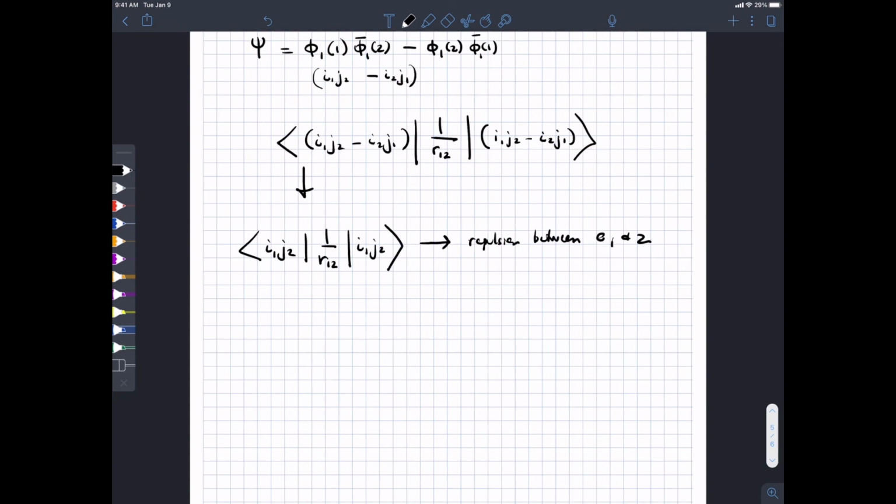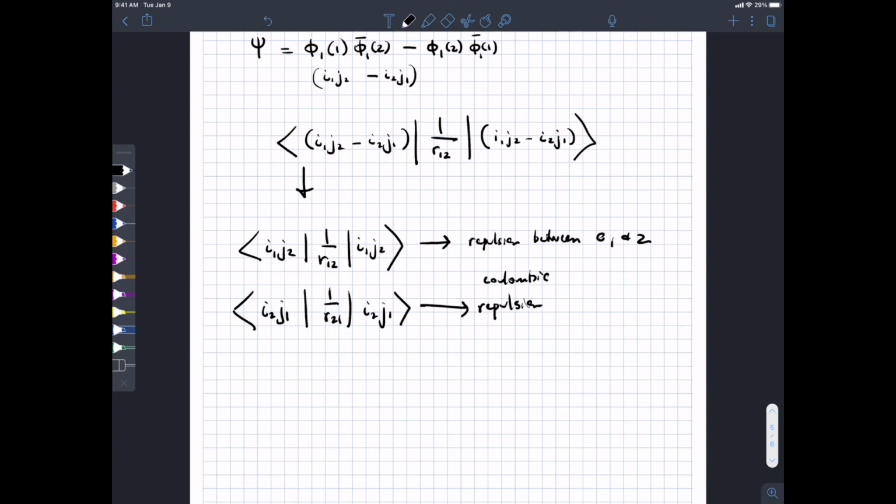And we're going to get another term out of that that's basically a similar quantity, I2 times J1, that's also Coulombic repulsion.